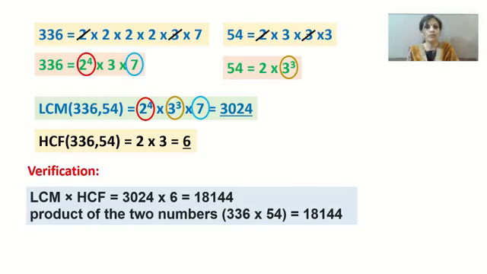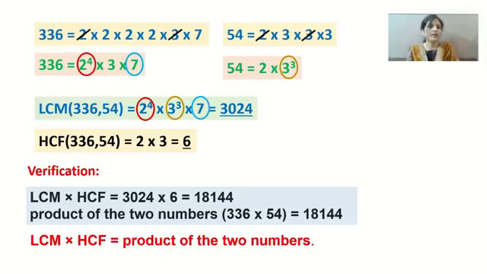And the product of the two numbers, 336 and 54, is also equal to 18144, and hence we say that LCM into HCF is equal to the product of the two numbers, and it is verified. Alright, so I hope you're finding it easy, because this concept we have already learned, and therefore it is just the brushing up of the old concepts.